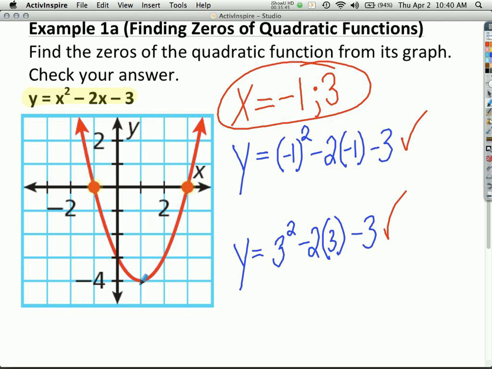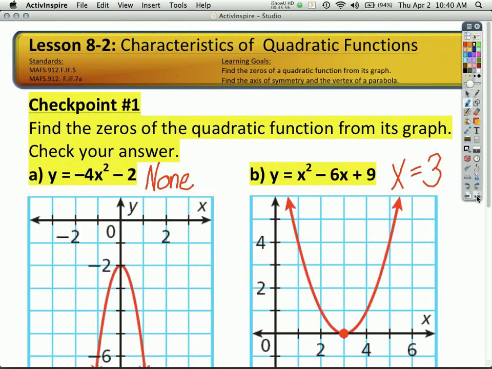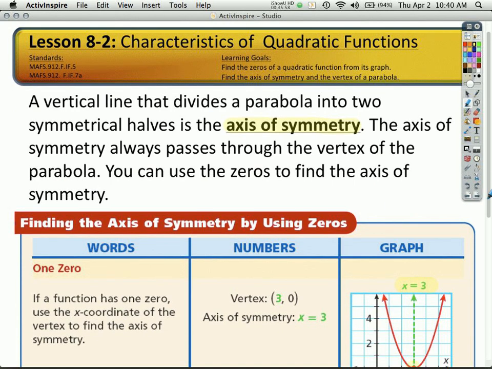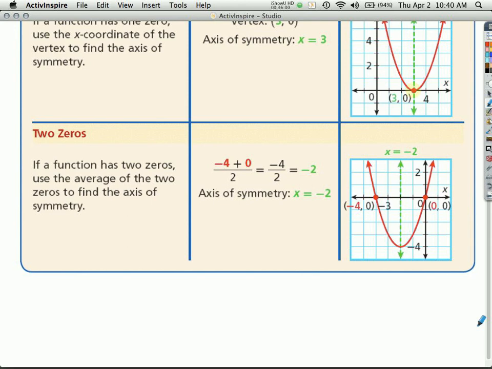We could see maybe where it is, but we don't have the point there. What could we do to find the vertex and then draw the axis of symmetry through it? Well, it's actually quite simple. If you find the average of the two zeros, that's going to be where the axis of symmetry is.